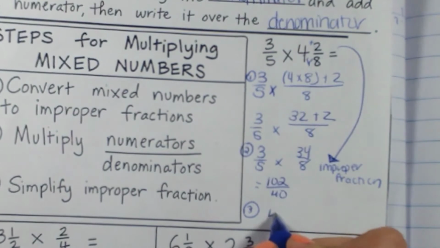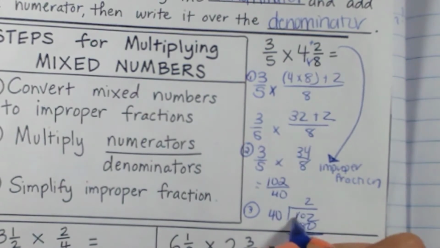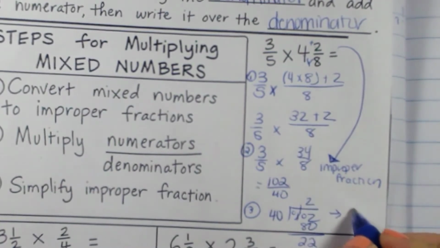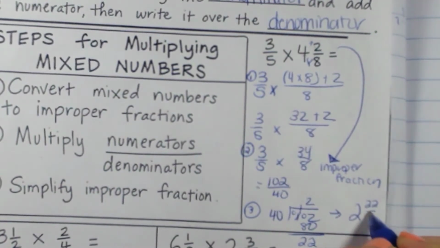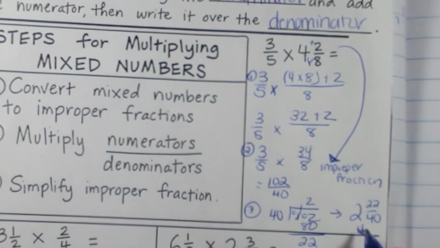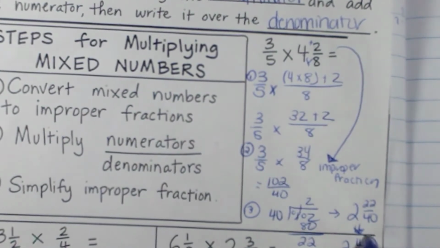All right, so 40 goes into 102 2 times. That gives us 22 left over. That would be 2 and 22 40ths, but I can simplify that by dividing by 2. That would be 2 and 11/20 as my answer.